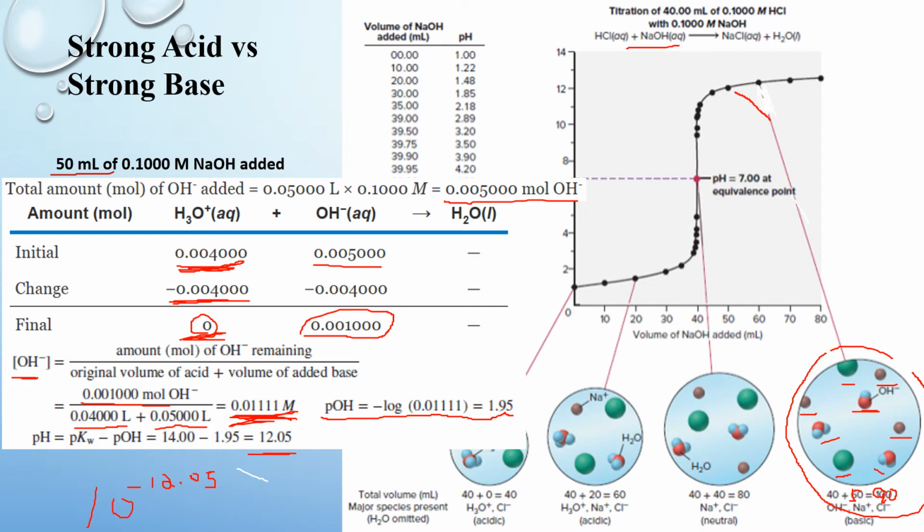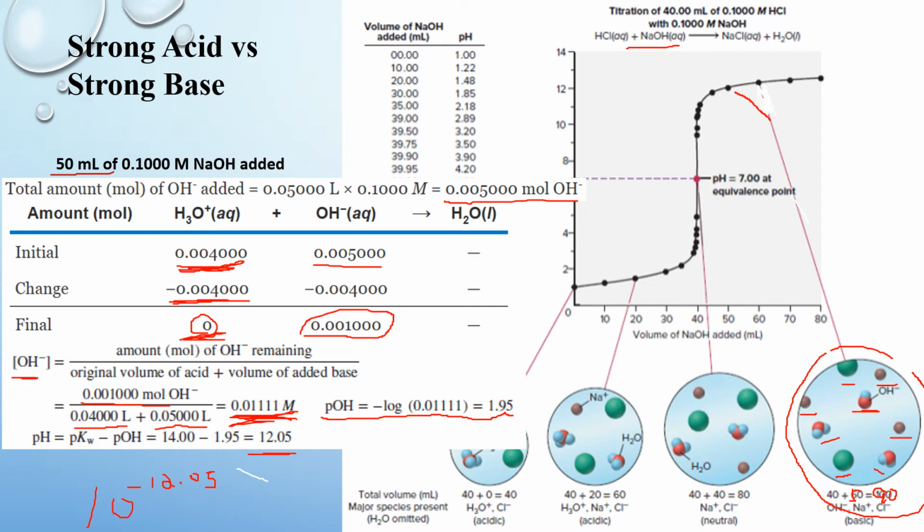Now we can see that for this strong acid and strong base titration curve, the equivalence point will have a pH of 7, and that's only true for strong acid and strong base titration. You're going to see that it's different if it involves a weak acid or weak base.